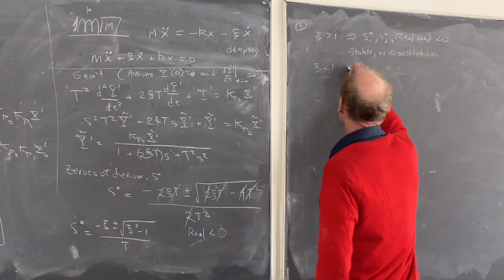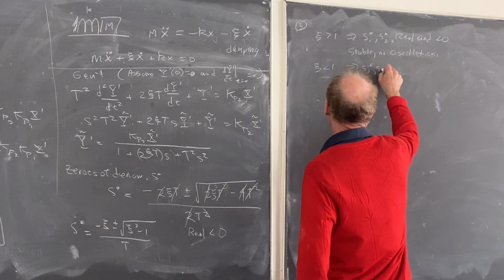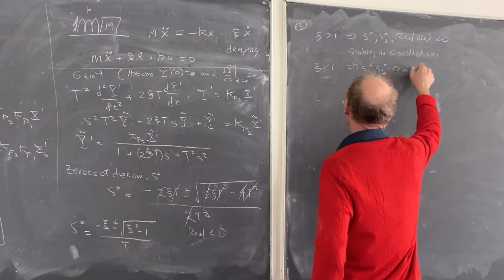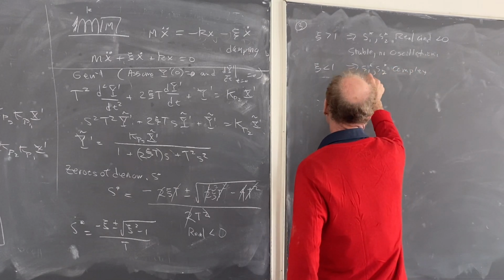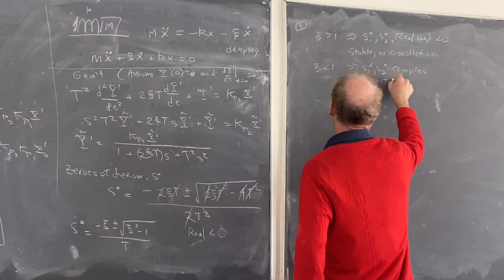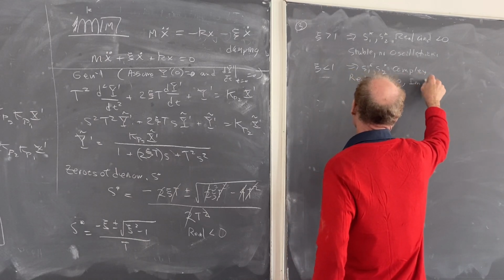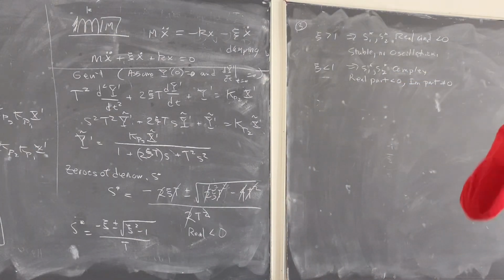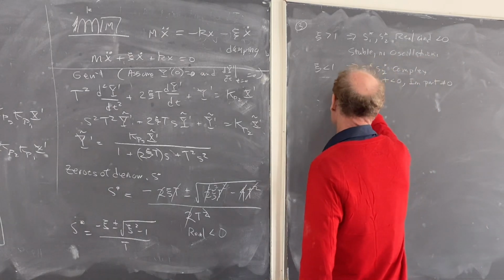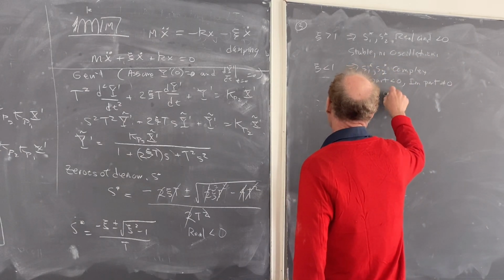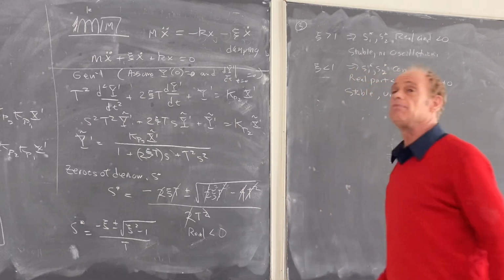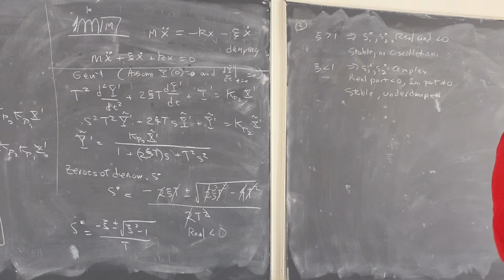So S1 star, S2 star are complex with the real part less than 0 and the imaginary part not equal to 0. So that tells me that it decays and oscillates. Stable, but it's underdamped. Underdamped again means it decays and oscillates.